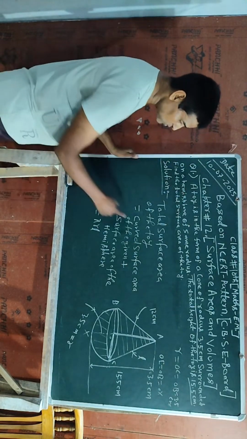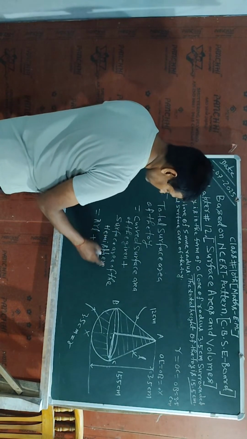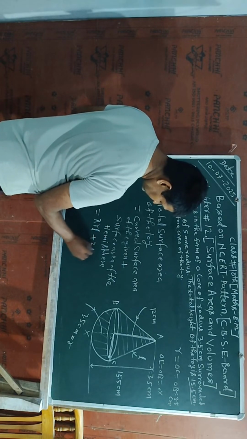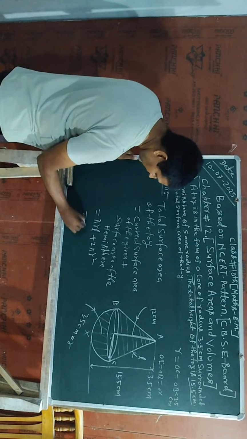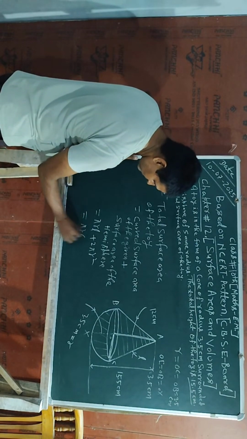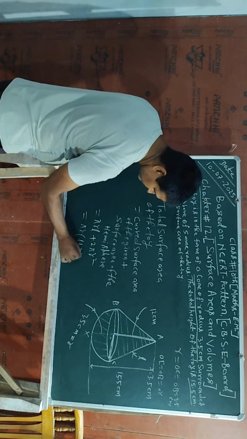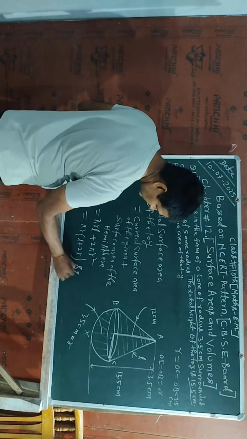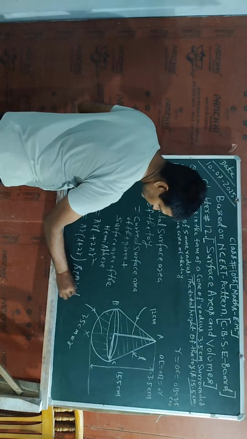So this is the curved surface area of the cone, pi r L, and this is the surface area of the hemisphere, that is 2 pi r square. Now I will take pi r common, and in the bracket I will write L plus 2r. So this is in square units, and here the unit is centimeter.